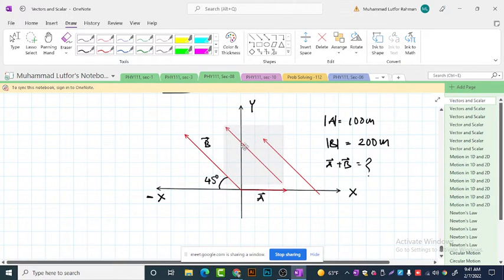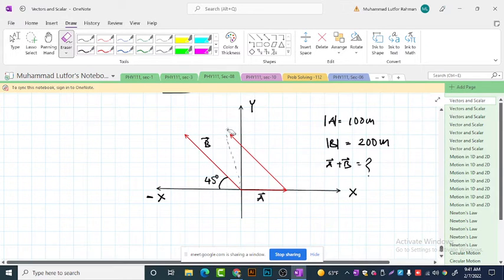If I shift the origin of vector b from here to here, then over here they will be head to tail connection, then I can use my vector triangle law. If I place it that way, I'll find out this is the resultant vector, which is in the second quadrant, right? Yes, sir.